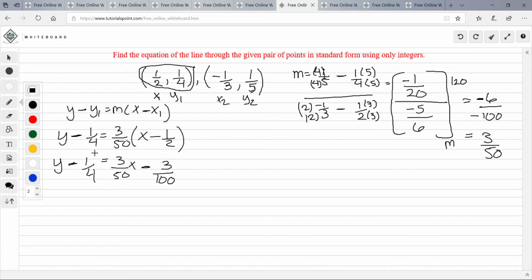Okay, so we said that we want it in standard form, ax plus by equals c, right? So what I'm going to do is get all the x's and all the y's on the left and then all the numbers on the right. So let's move this -1/4 to the right. So I'm going to add 1/4 to both sides.